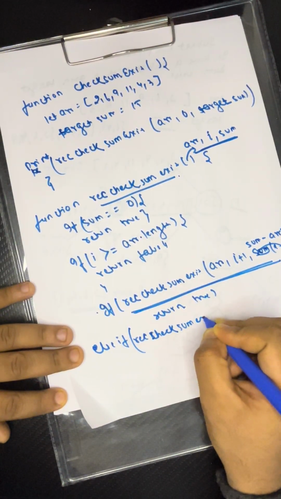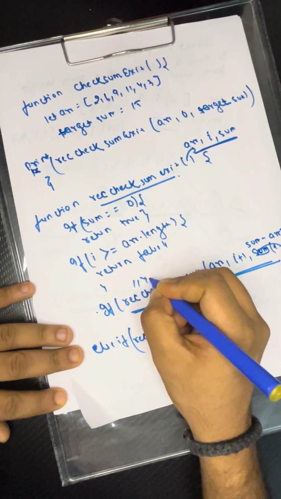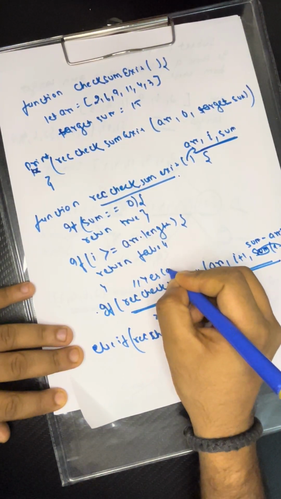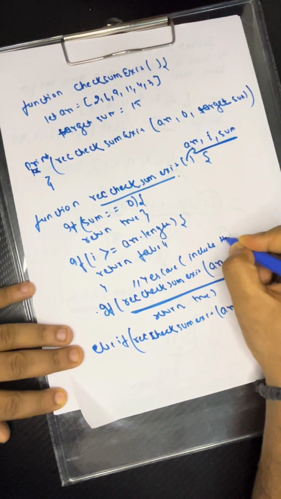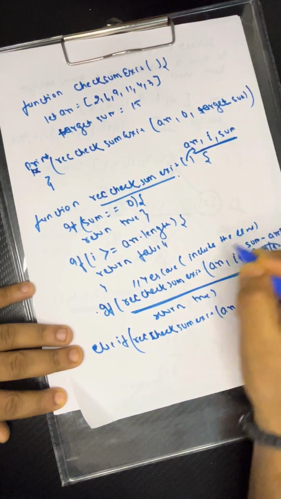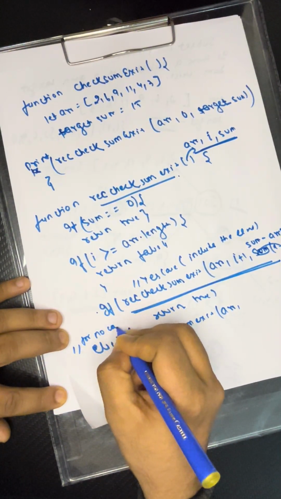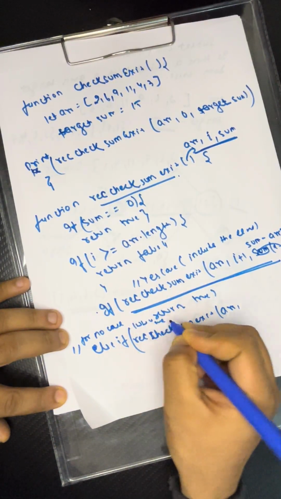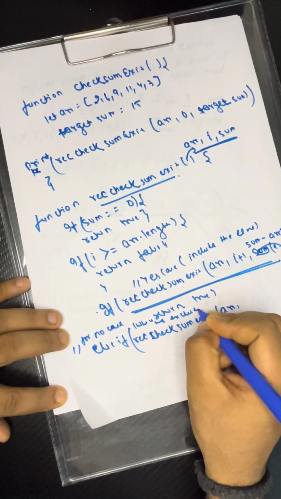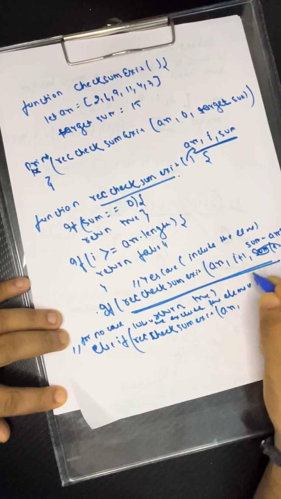This is the yes case where we include the element. Else if rec check sum exist with arr, i plus 1 and sum, this is the no case where we exclude the ith element.